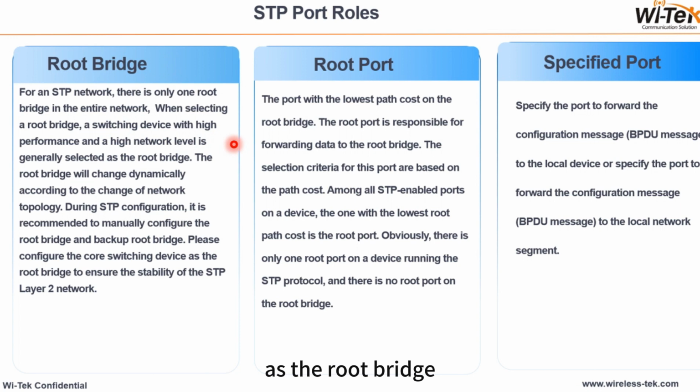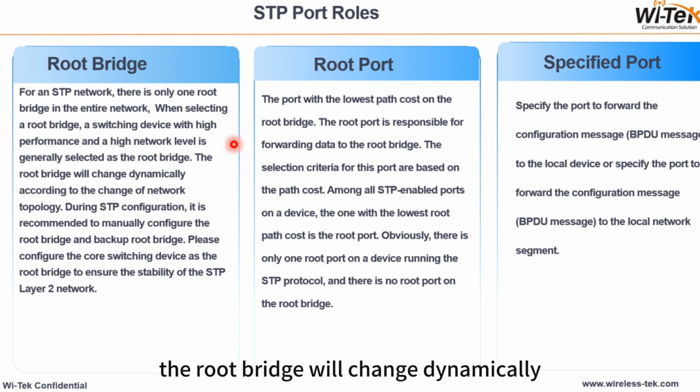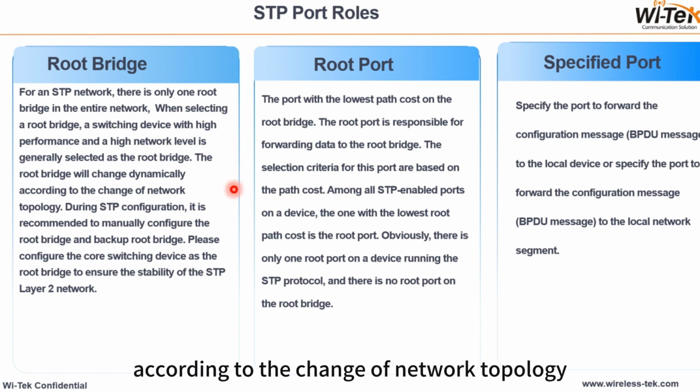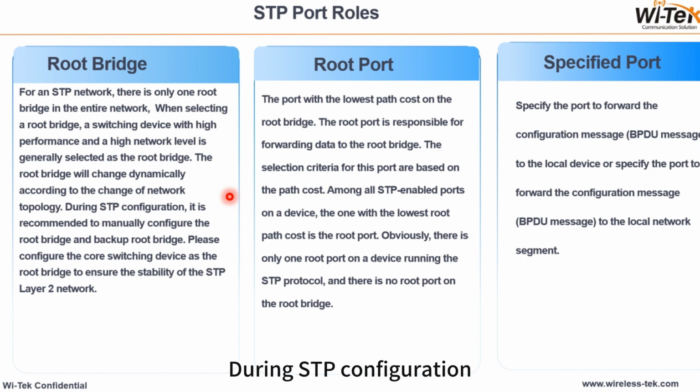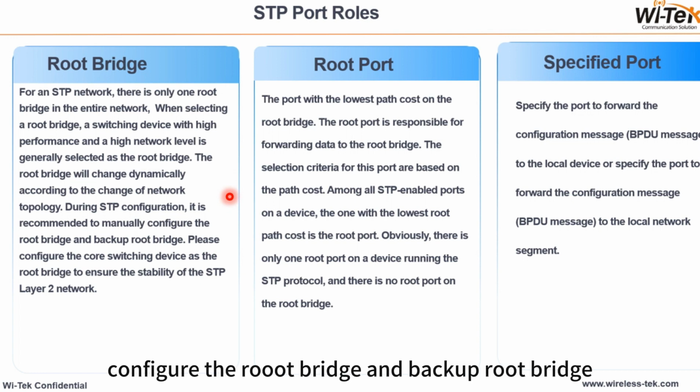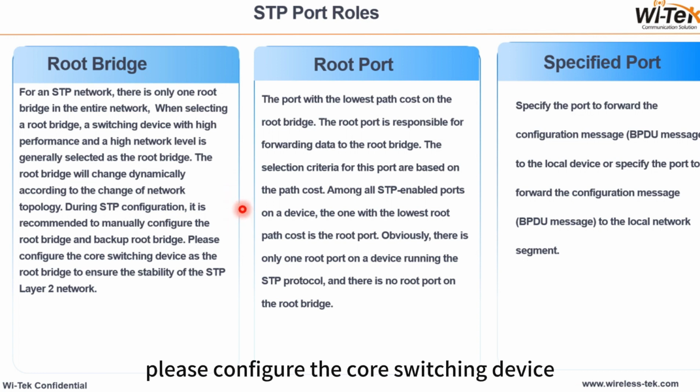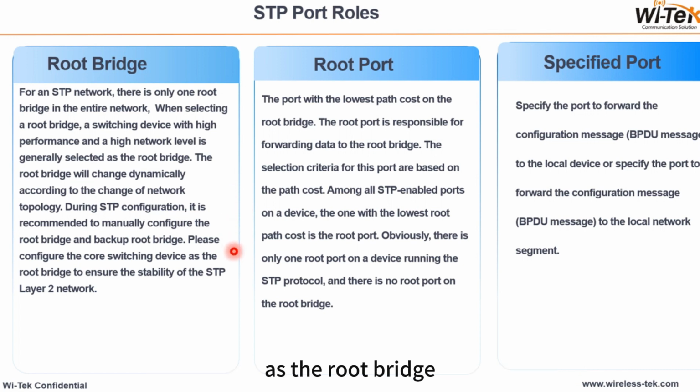The root bridge will change dynamically according to the change of network topology. During STP configuration, it is recommended to manually configure the root bridge and backup root bridge. Please configure the core switching device as the root bridge to ensure the stability of the STP layer 2 network.